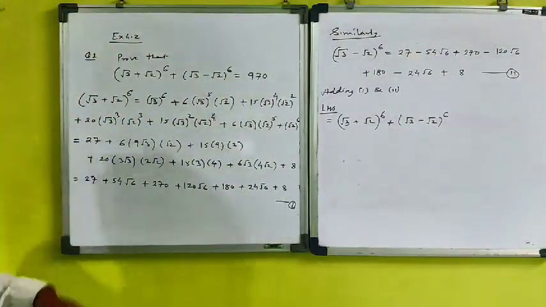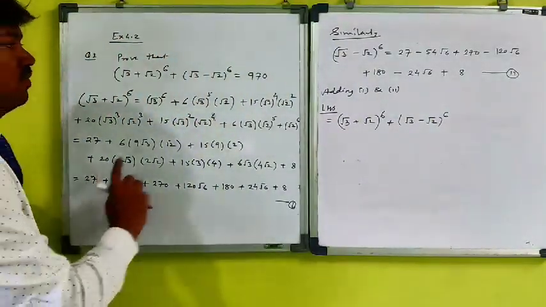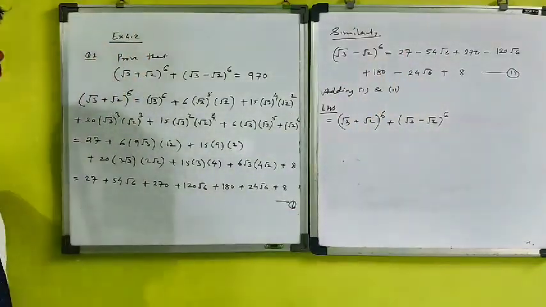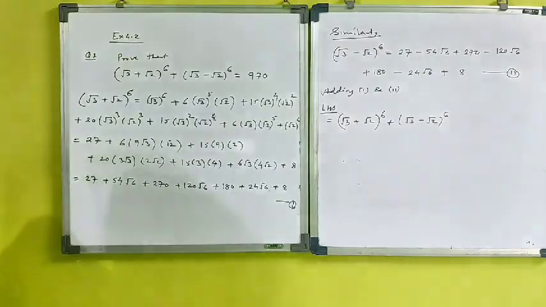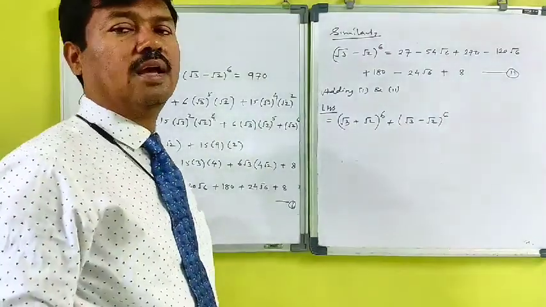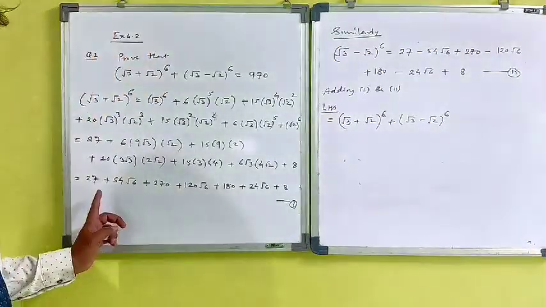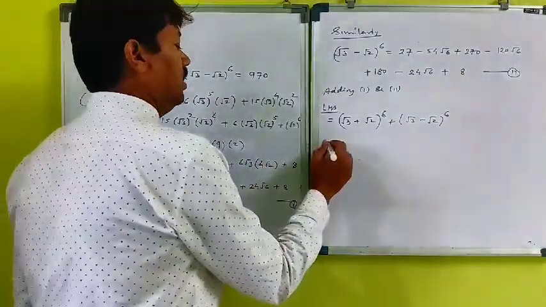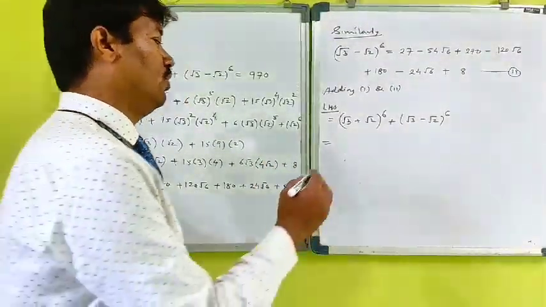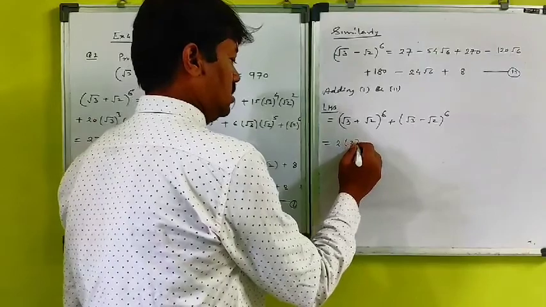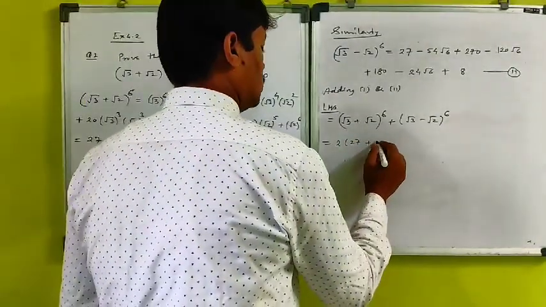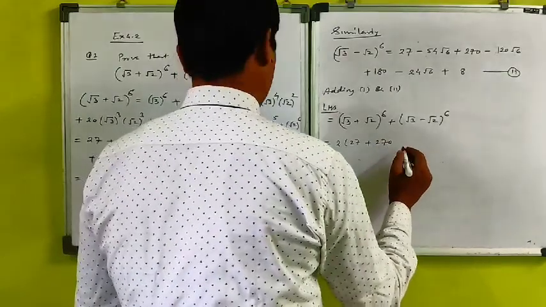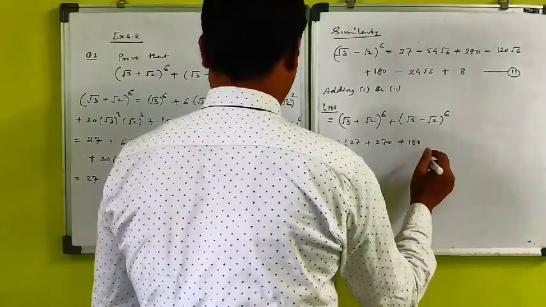Adding these two, clearly 27 has the same sign, so it will be double. Because of the opposite signs, 54 root 6 and minus 54 root 6 will get cancelled. Whenever it's the same sign, it will be double. So it's 2 into 27, and the rest will get cancelled. So 27 plus 270 plus 180 plus 8.